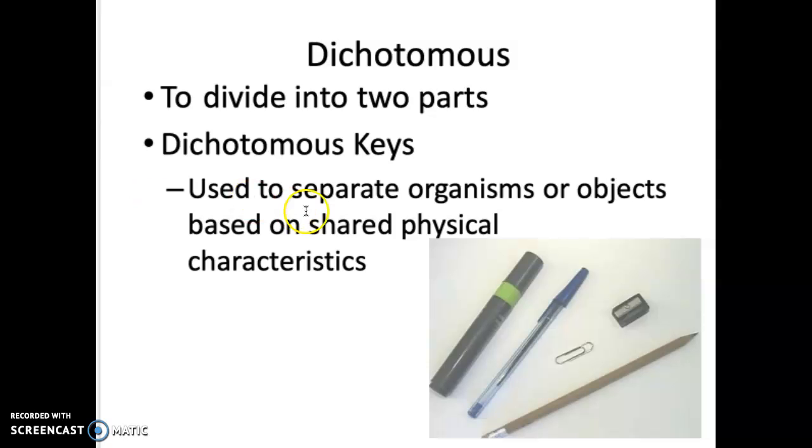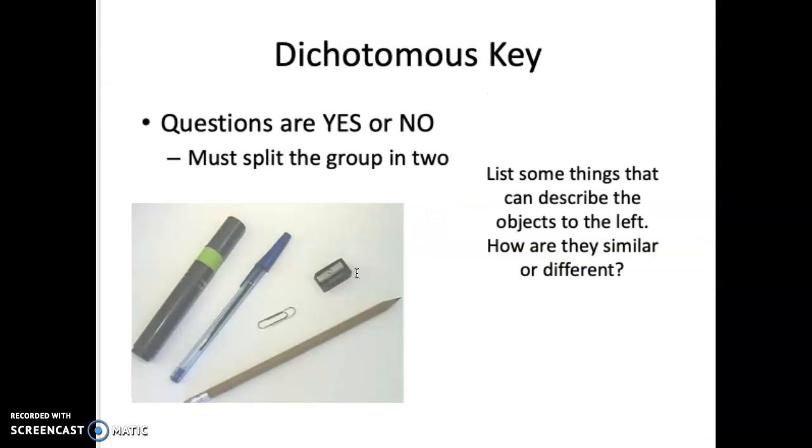So dichotomous keys are used to separate organisms and objects based on shared physical characteristics. You're going to be given in a dichotomous key a set of yes or no questions that will lead you from one group of questions to another group of questions.